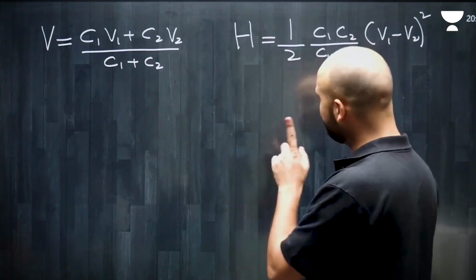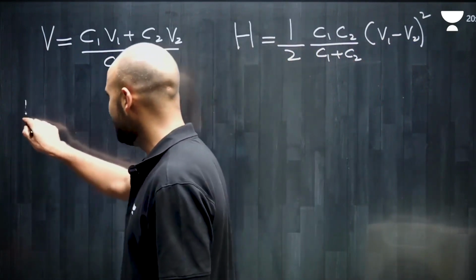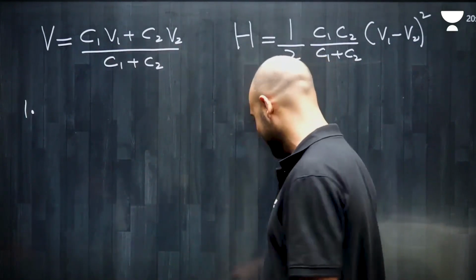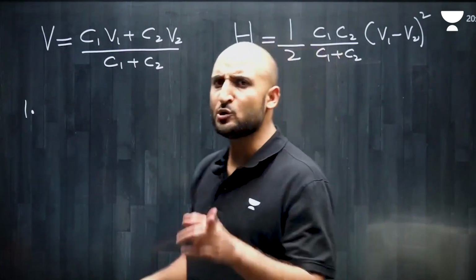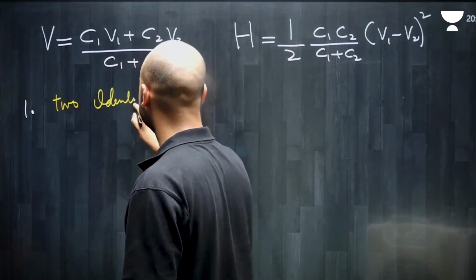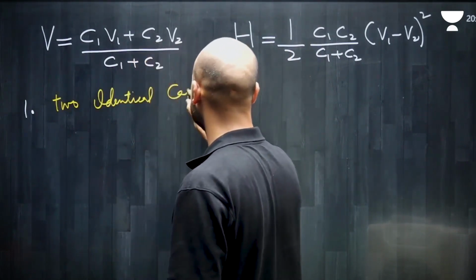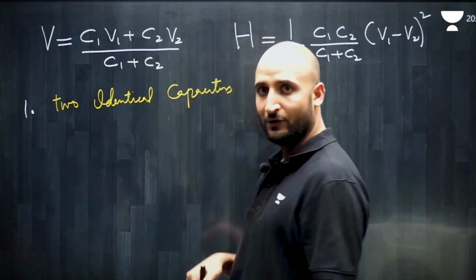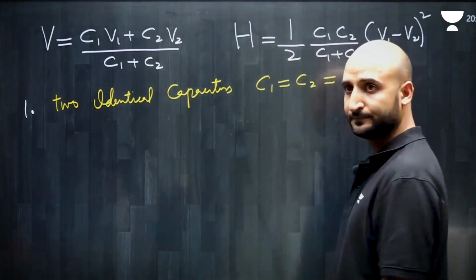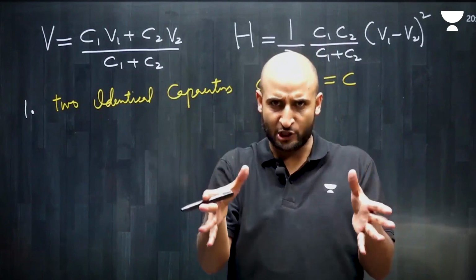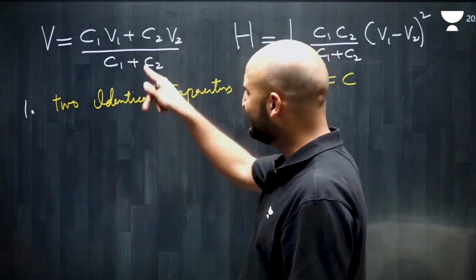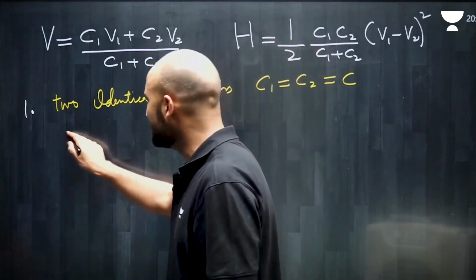Now suppose case number 1, and I'm sure you are going to remember these cases because this is very important. Suppose you have two identical capacitors. That means C1 is equal to C2, and let's say that's equal to C. You are connecting two parallel plate capacitors whose capacitance is the same. Then what will be the common potential?